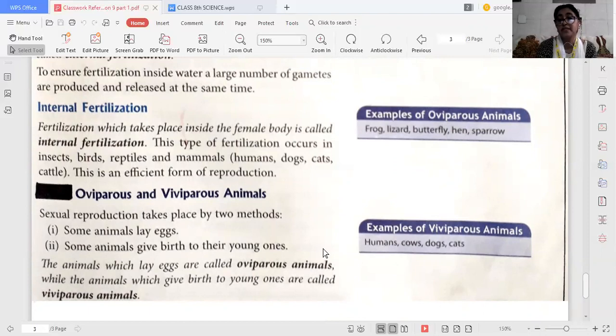Examples are frog, lizard, butterfly, and most of the birds. But some animals give birth to their young ones. The animals which give birth to their young ones are called viviparous animals. Examples are most of the mammals: human, cow, dog, cat, and so on.